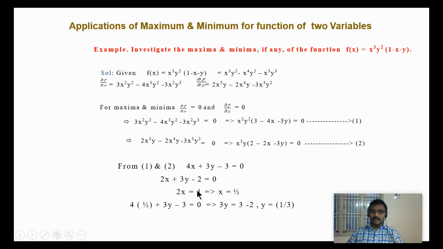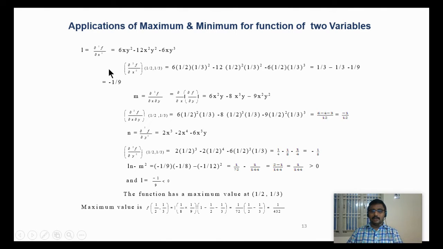That is, 2x minus 1 is equated to 0, which implies 2x equals 1, hence x is 1 by 2. Substituting this value in either equation 1 or equation 2, we will get the y value. So y value is 1 by 3. So we have two values, that is x is half and y is 1 by 3.